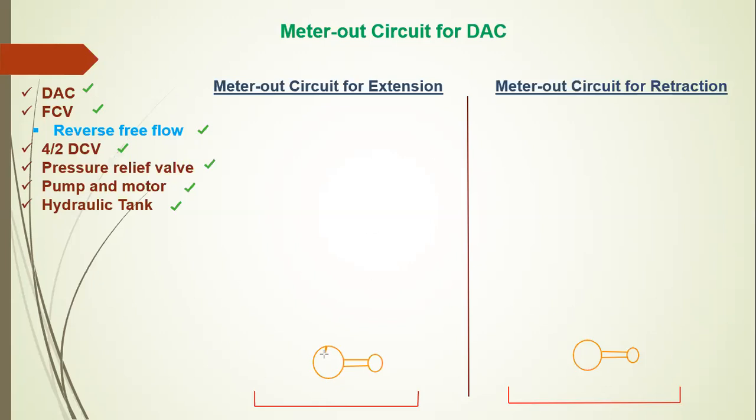If the triangle is dark, it indicates the hydraulic side. If the triangle is light, it indicates the pneumatic side. This is the symbol for the hydraulic pump.